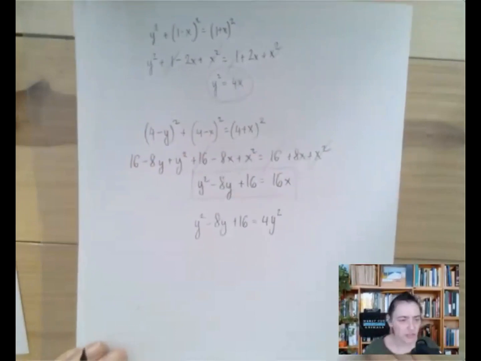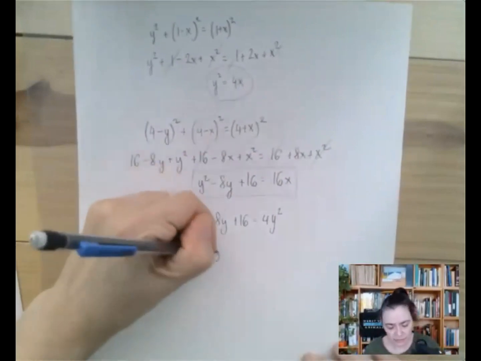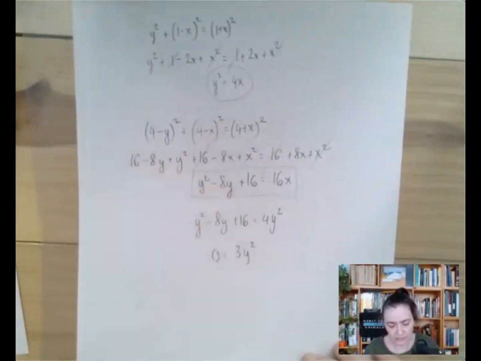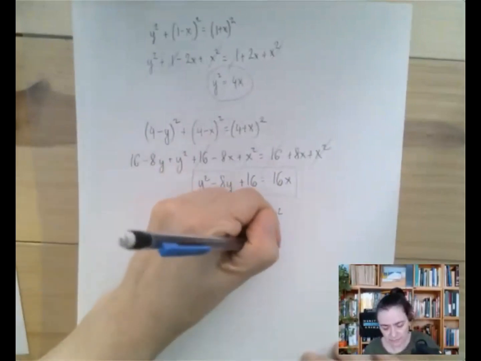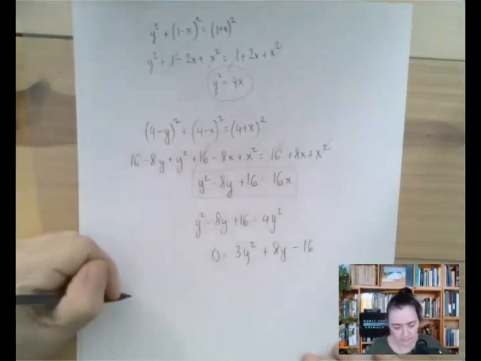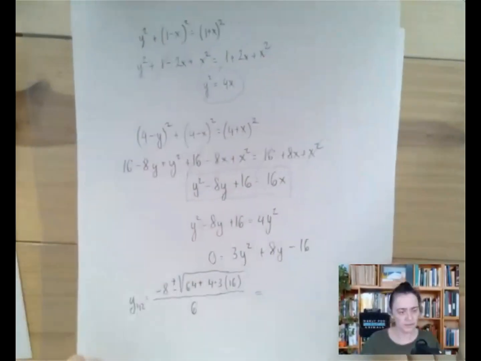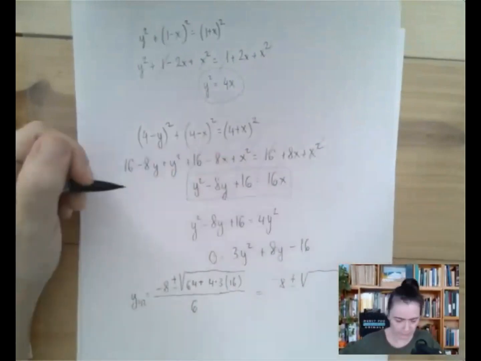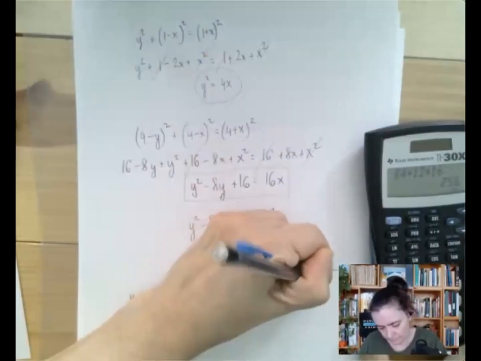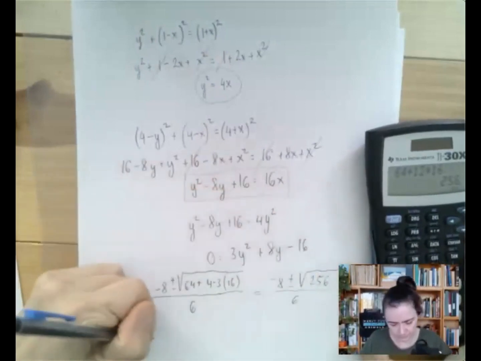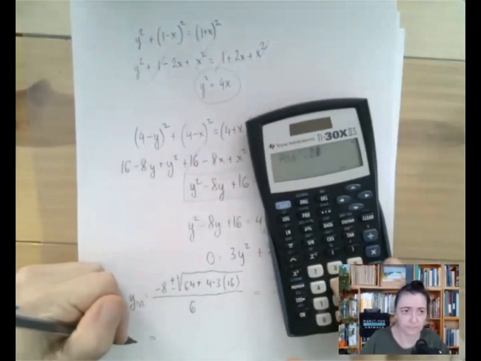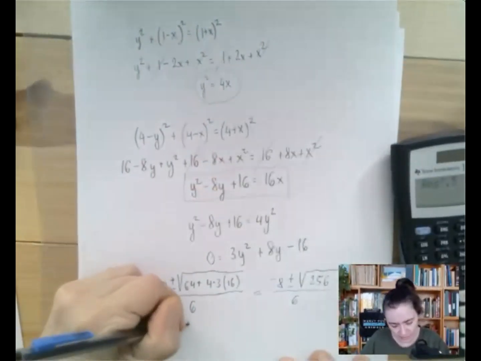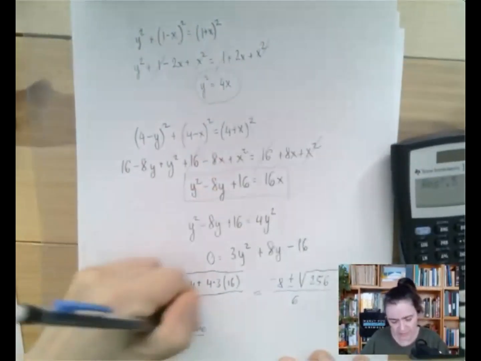So let's solve. This is just a quadratic equation in y. I'm going to use the quadratic formula. We have 3y squared plus 8y minus 16. So we have negative 8 plus or minus the square root of, that's always encouraging, so we have negative 8 plus or minus 16 divided by 6.